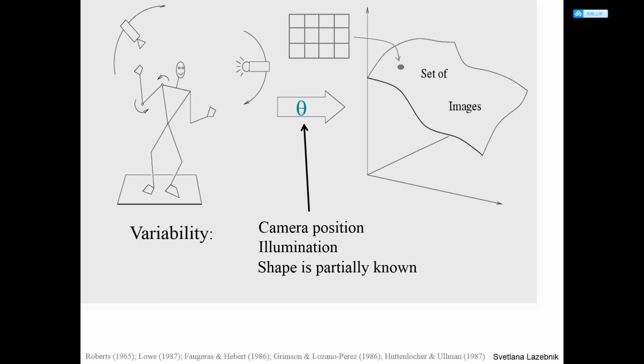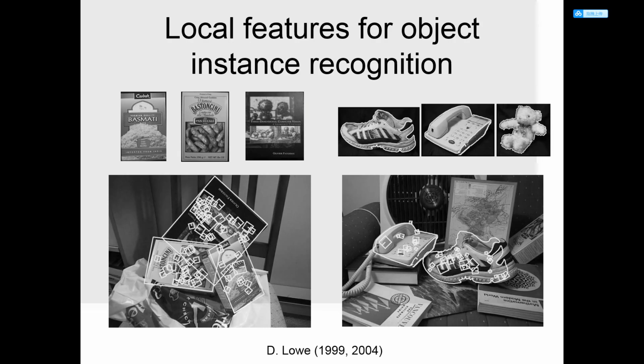So locally, you can extract some local feature from that object. Of course, if the object is distorted completely, you cannot get any meaningful local feature, right?